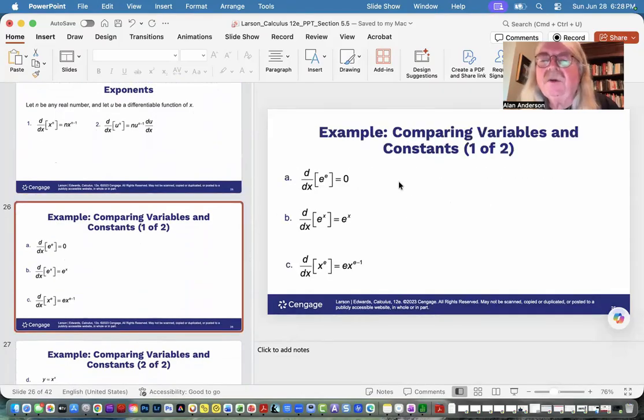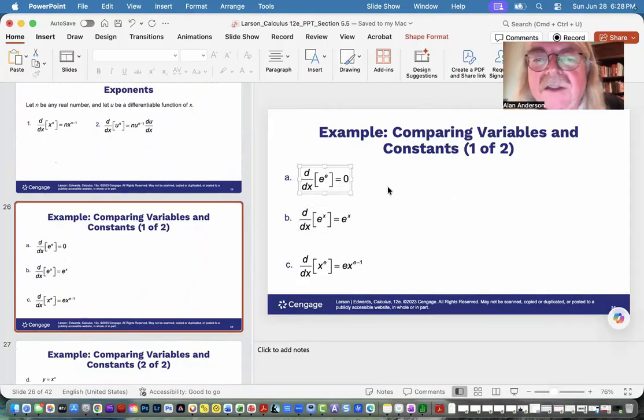So what they're showing us here is some special cases. Well, this we've seen. This one looks surprising at first until you realize e to the e is a constant. So that's just 0. But look at this disaster. But keep in mind, e is just a constant.